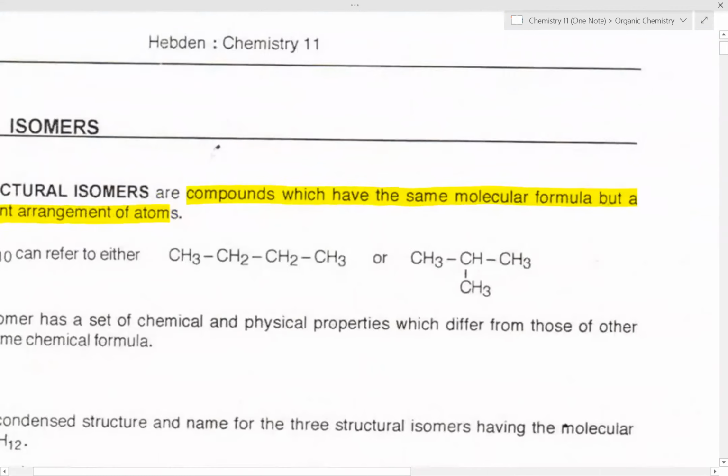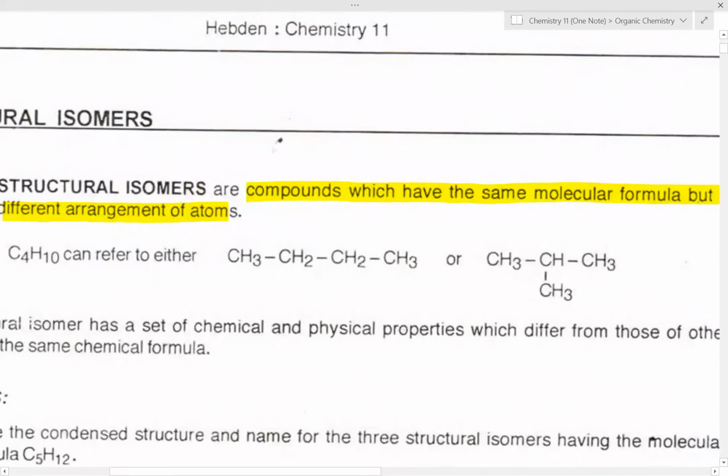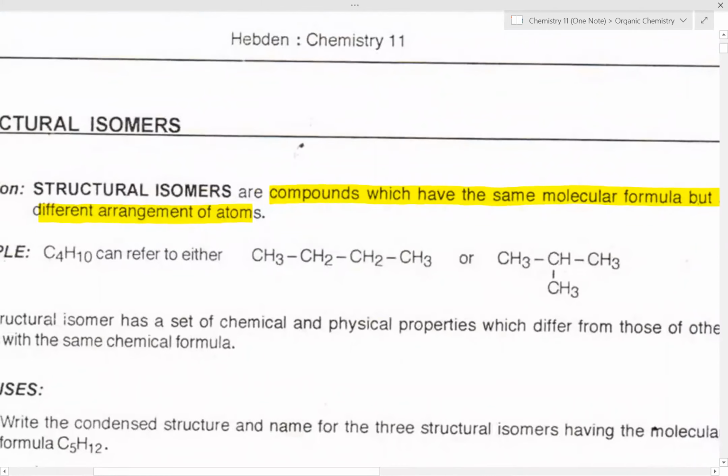So in this case, C4H10 can either be drawn in a line, 1, 2, 3, 4, or drawn as 1, 2, 3, with another carbon off to the side.